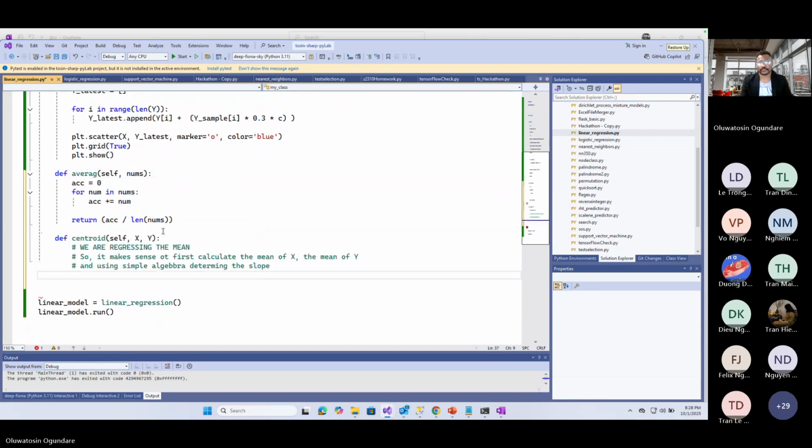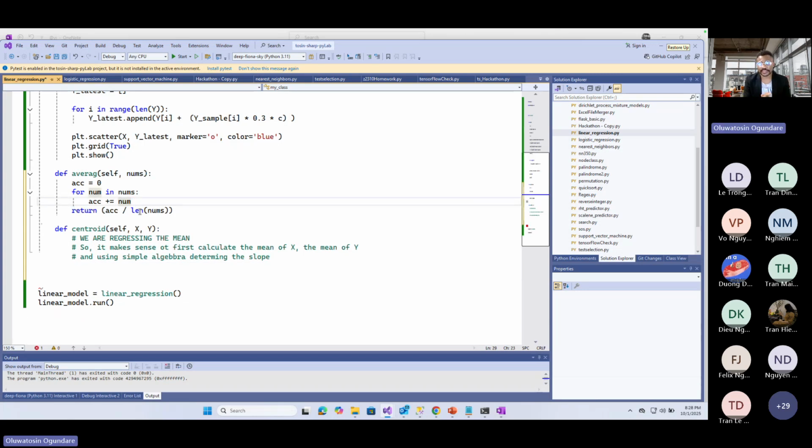So why did I do this? There is no reason to do this, but I just wanted this to be obvious that we're doing a simple average. We sum the numbers together, we divide by the length of the numbers to find the average, which is the mean, and this just makes it more explicit. In fact, I should call it find mean.